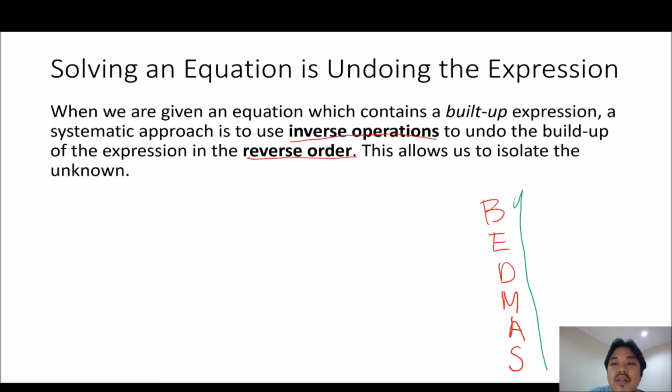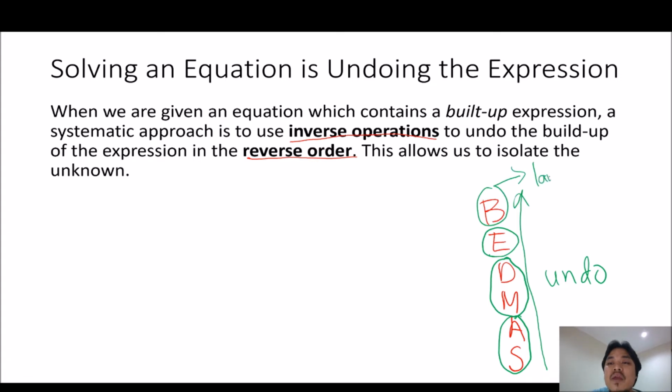So we're going to undo the terms containing addition and subtraction, followed by division and multiplication, then exponent, and then the last will be undoing the term inside the bracket.